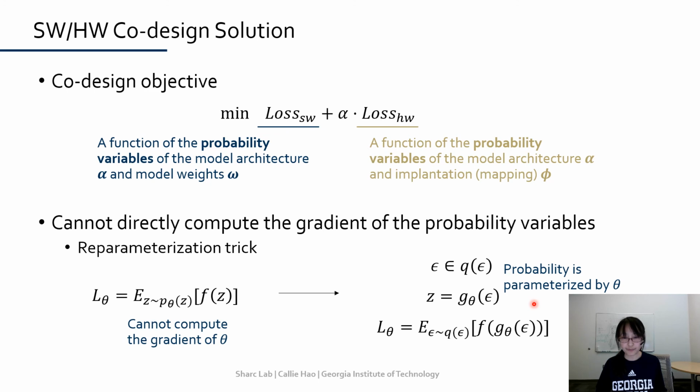So now if we sample from this unparameterized distribution and compute the loss function, the probability variables are in the parameter space, so we can happily compute the gradients for them and update them. So this is how the reparameterization trick can help in this sampling procedure.